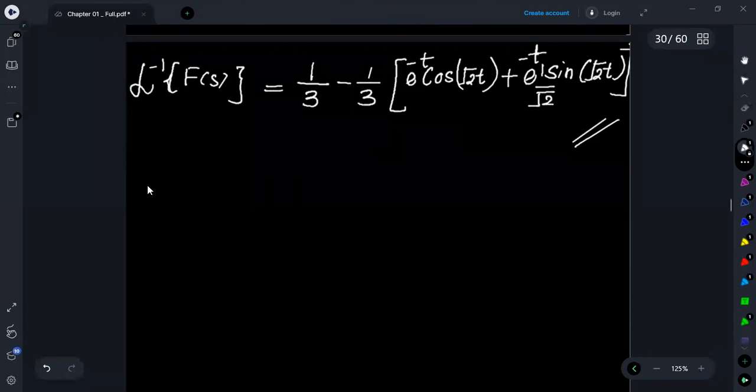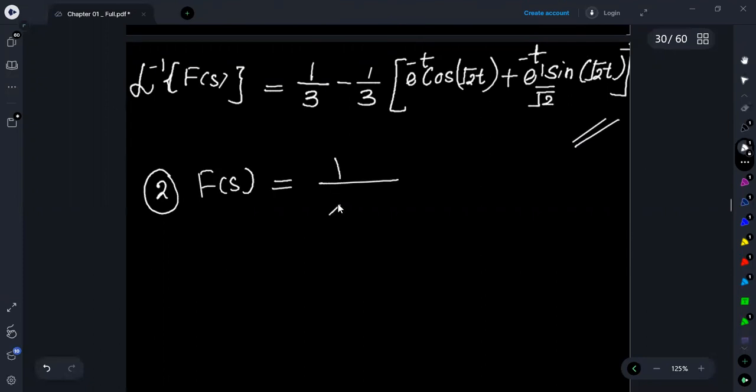And the second one. In the second one, capital F of s is given as 1 over s plus 3 to the power 3. If such a function is there, first you have to check whether there is any function of the form 1 over s to the power 3.